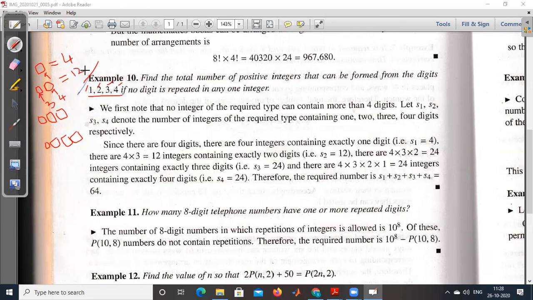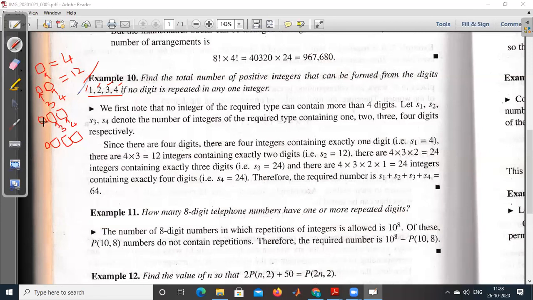Okay, so three digit numbers. In the three digit number, the first one, how many choices are there? Either one, two, three, or four. That means four choices, so four ways we can fill the first one. For the second one, we already filled the first place with one of these, so available digits are only three.